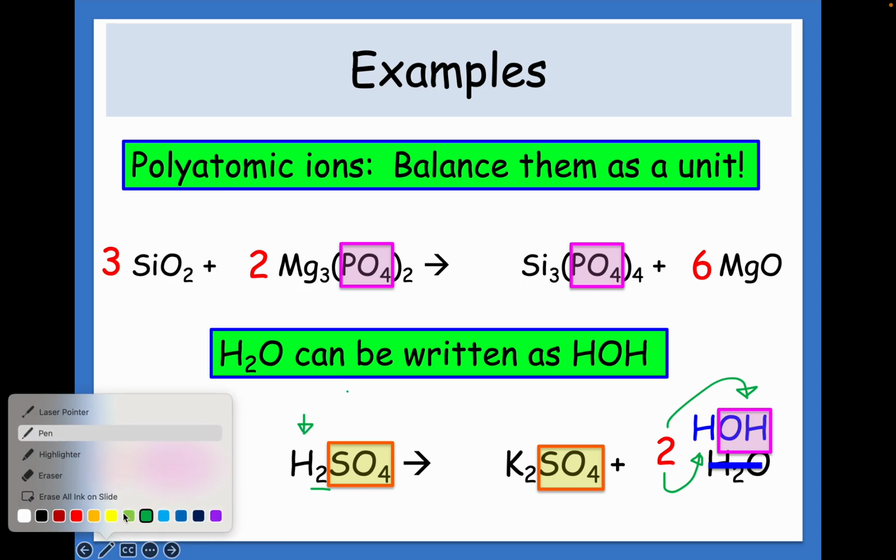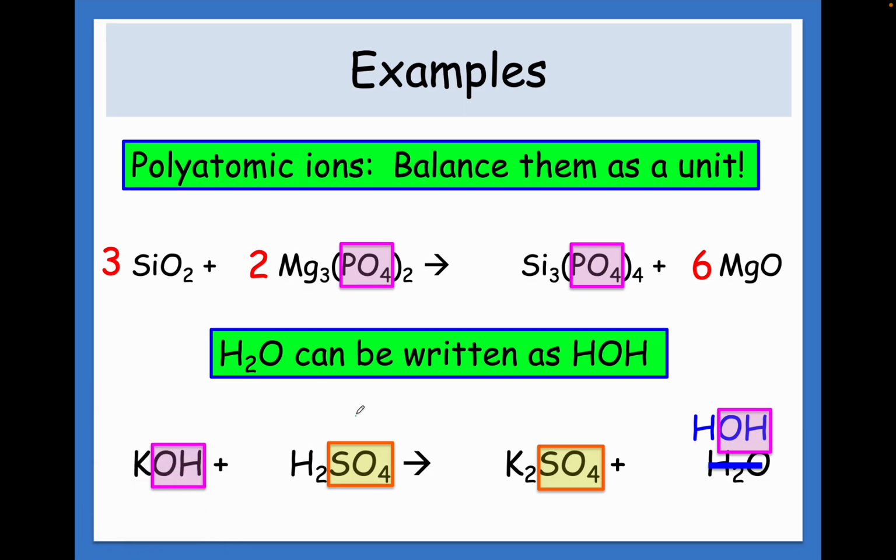Now, another way to think of it is, I like to think of them as an acid-base reaction, because this is an acid and a base. This is a base, and this is an acid. What makes it an acid is the fact that it's got hydrogen in front, and what makes this a base is because it's got an OH in the back, and the hydrogen and the oxygen are going to make water.